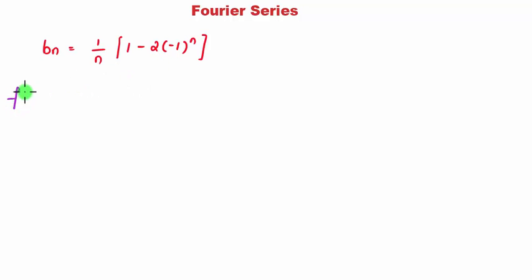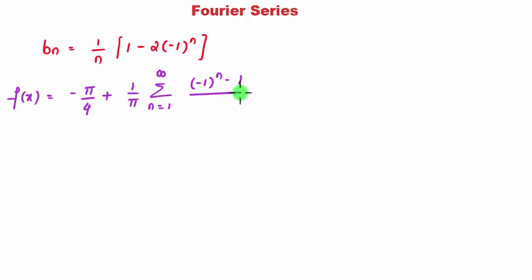Let's substitute in f of x. So f of x will be minus pi by 4 plus, I can take first is An, that comes 1 by pi, I took it outside, summation n equal to 1 to infinity, minus 1 raised to n minus 1 divided by n square cos nx.